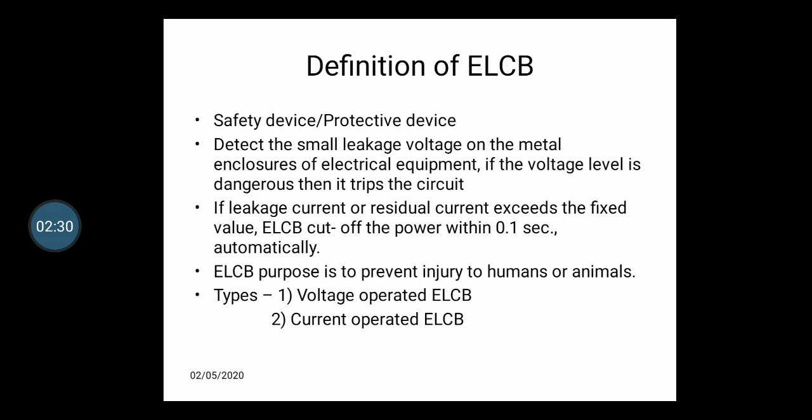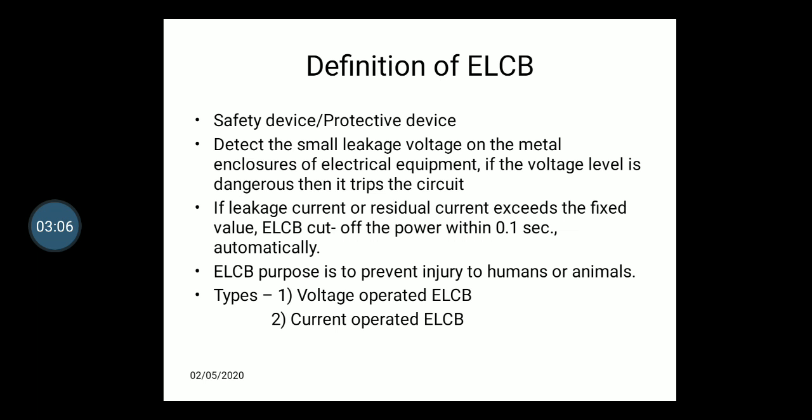If this leakage voltage is more than the fixed value, or we can say if the leakage current or residual current exceeds the fixed value, it immediately detects it, cuts off the power supply and trips the circuit within 0.1 second to 0.3 second. The time depends upon the type or model of ELCB present in the particular electrical circuit. It is different for different models of ELCB.